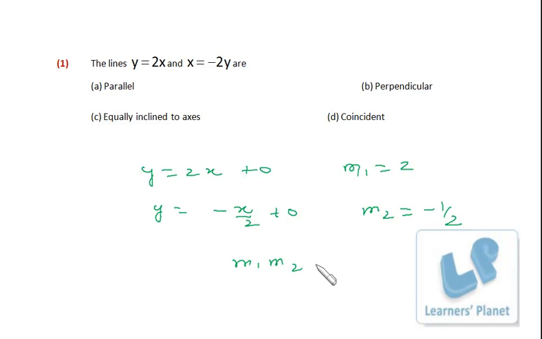Clearly you can see m1 m2 is equal to 2 into minus 1 by 2, that is minus 1. So if m1 m2 is equal to minus 1, that is the condition of perpendicularity. That means both the lines are perpendicular to each other, where the product of the slopes is minus 1.